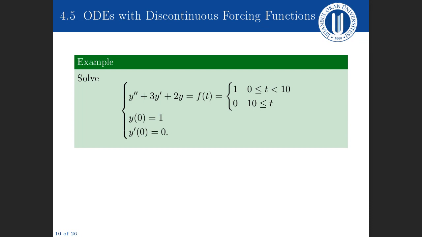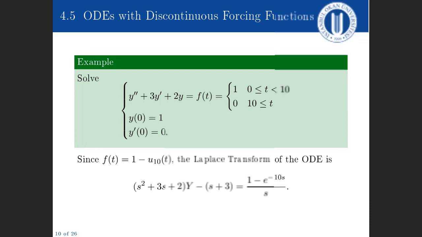Step 1, I want to write the function f, the forcing function, in terms of the unit step function. And in this case, it's just 1 minus u_10 of t. And then step 2, take the Laplace transform of the differential equation and put in the initial conditions. This one I'm going to skip. You can check that this is what we get.